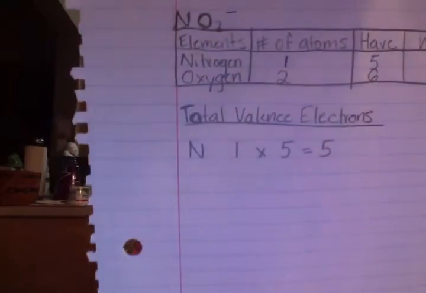So I wrote that. And then oxygen has 2 atoms times its number of valence electrons, and that's 6. So that equals 12.